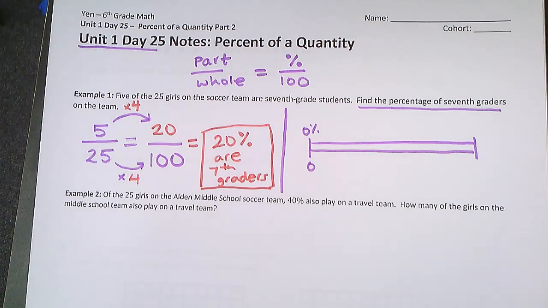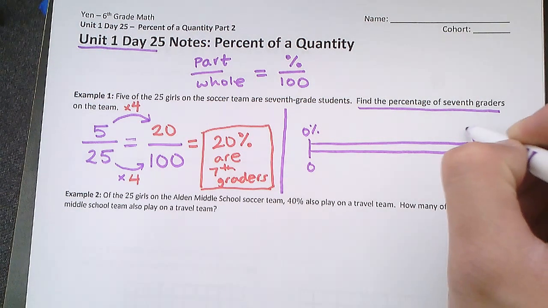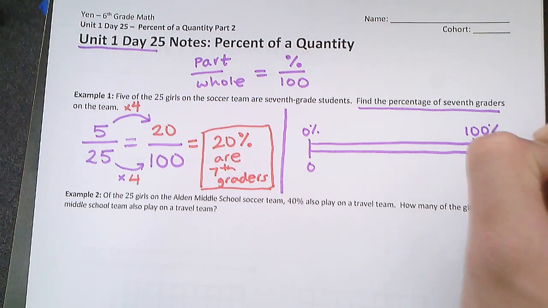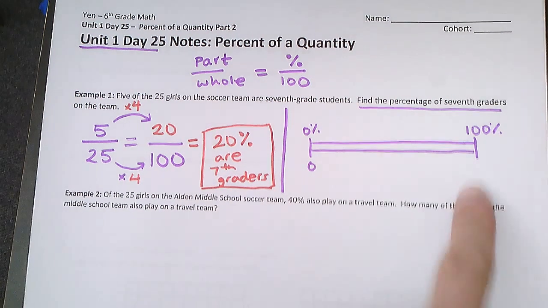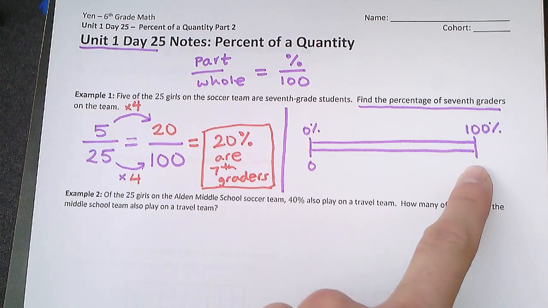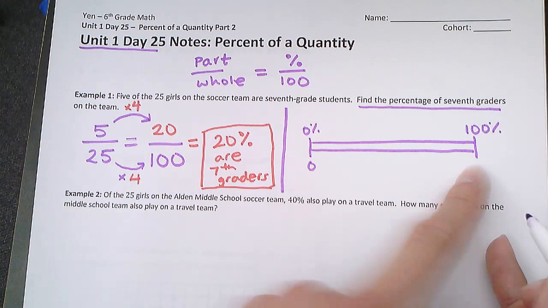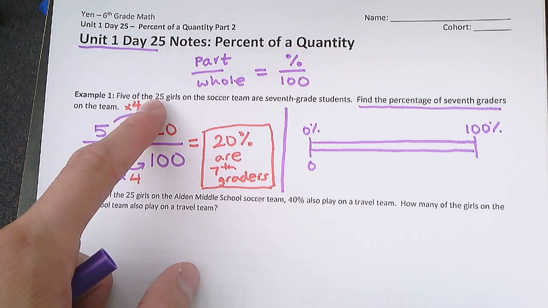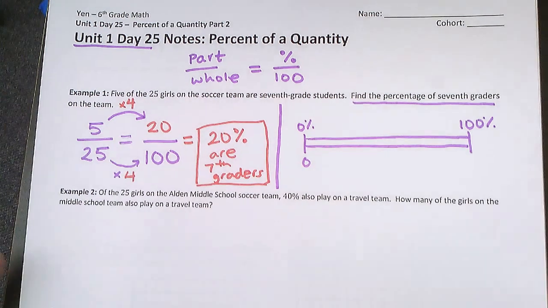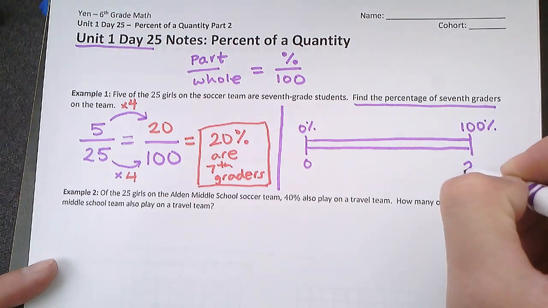And on the other side we'll have 100%. Whatever is at 100% is going to be whatever the whole is. So in this case, it was 5 out of 25 girls. So 25 girls is the total, that's the whole, and that's what's going to go here.